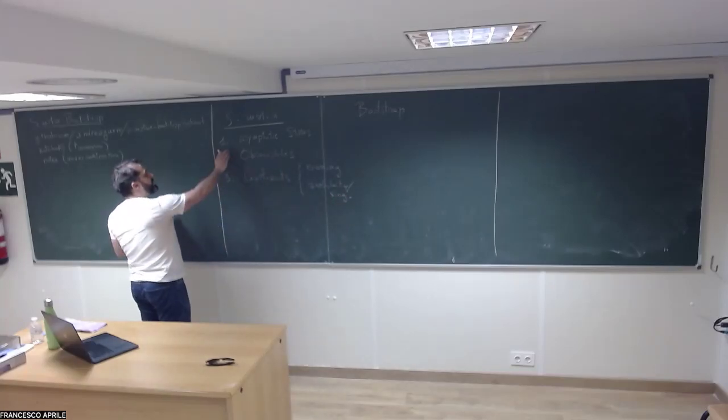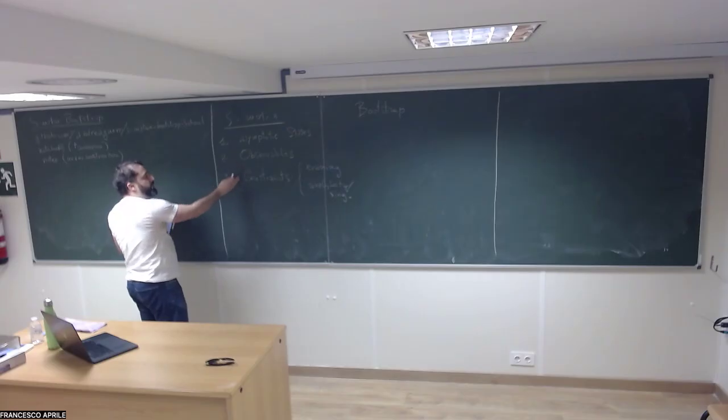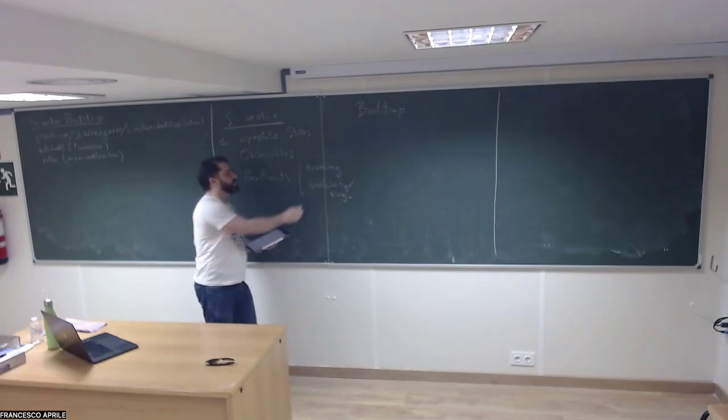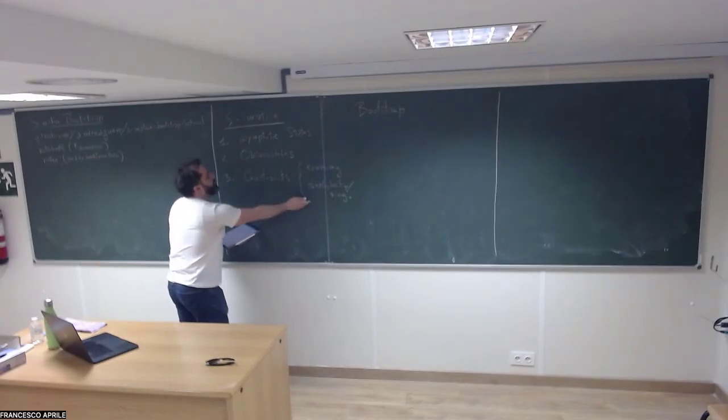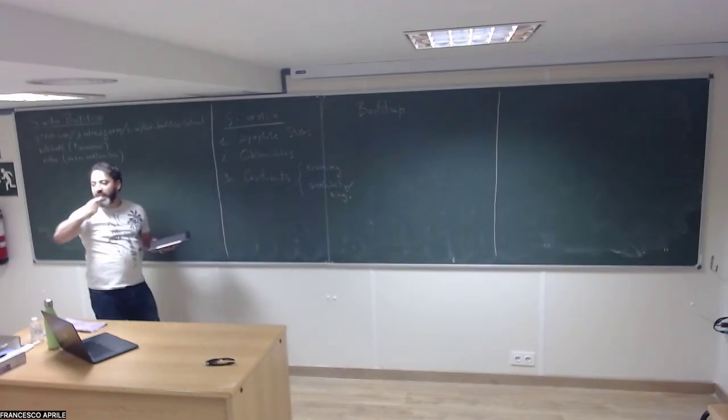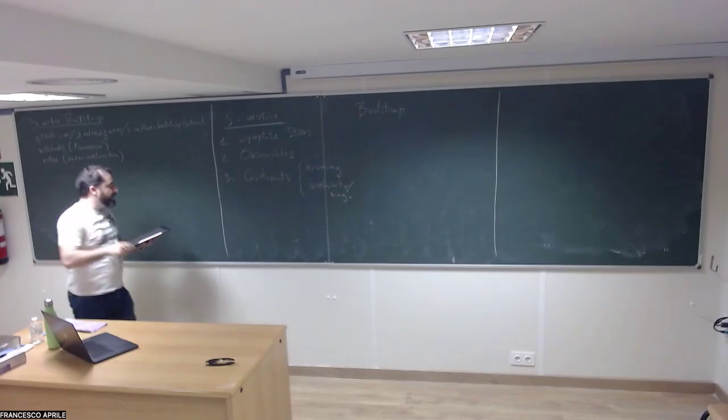So once you pick your asymptotic states, you can decide which observables you want to study, and these observables will be constrained by properties like crossing and analyticity. The singularities themselves depend on your choice. So it's a chain: one, two, three, and then you go further.